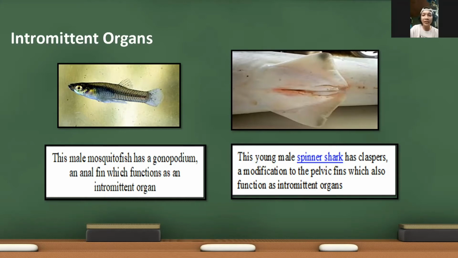That is the extended organ. Here, this young male spinner shark has a clasper, a modification of the pelvic fin, which also functions as an intromittent organ. They are the same, but in sharks it is called a clasper because it comes from the pelvic fins.